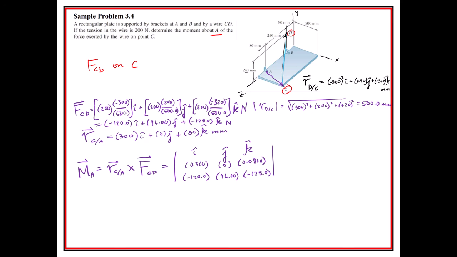So we'll do that. First off, I like to do this right here. The determinant of this crosswise is 0 times negative 128, minus 0.08 times 96.